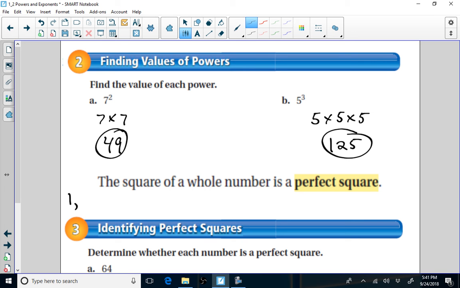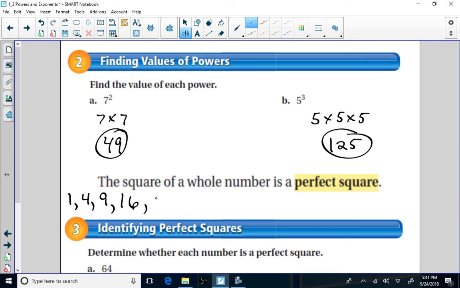Your second perfect square number you would find by taking 2 and using that as a factor 2 times or multiplying it by itself. 2 times 2 is 4. So 4 is your second perfect square number. Your third perfect square number is 9 because 9 is the product of 3 times 3. Your next perfect square number is 16 because it's the product of 4 times 4, a number times itself.